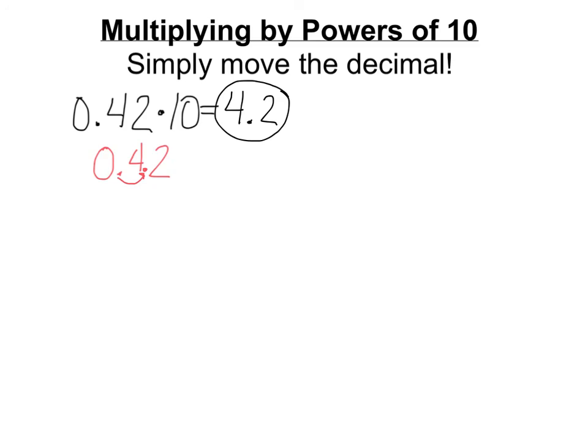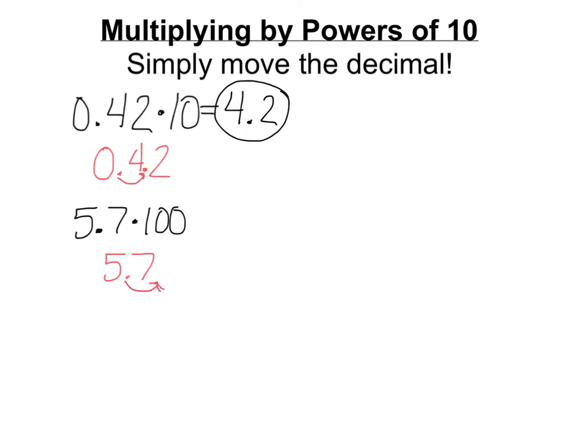How about if we had 5.7 times 100? Well, 5.7, and then because there are 2 zeros here, we're going to move the decimal twice to make it bigger. Well, moving it this way will make it bigger because it goes from a 5.7 to a 57, but that's just moving it once.